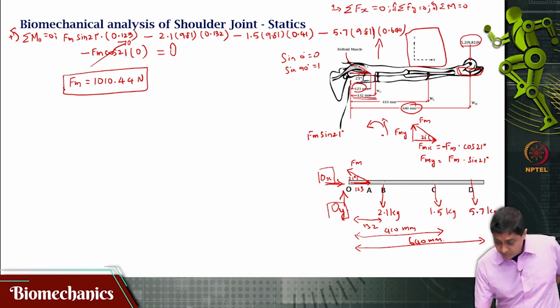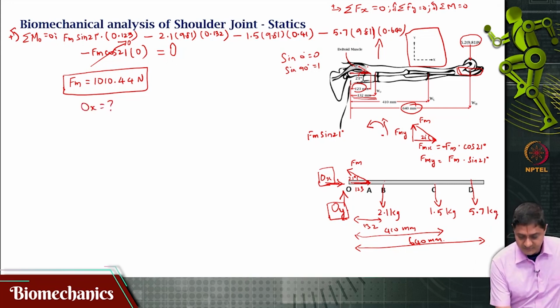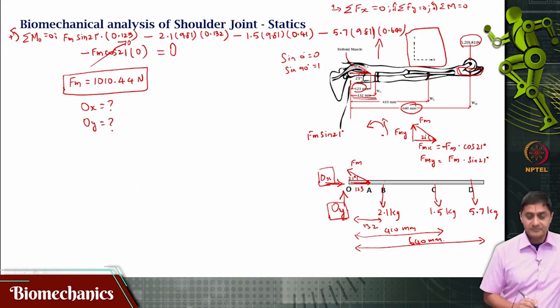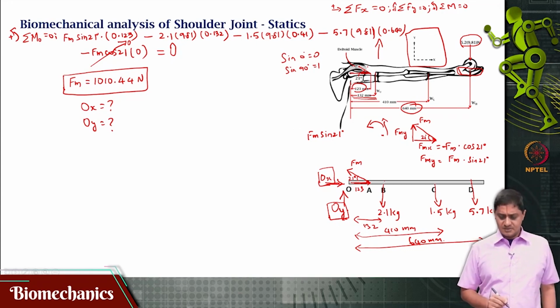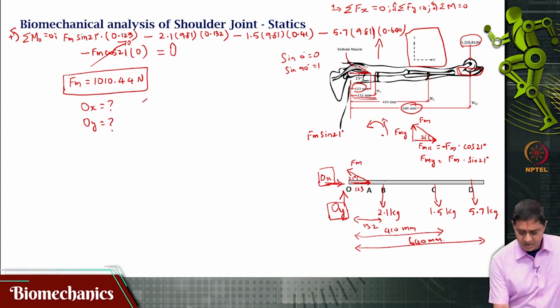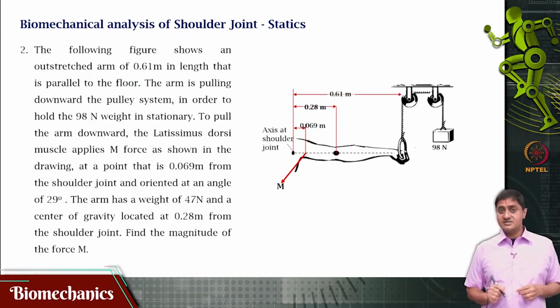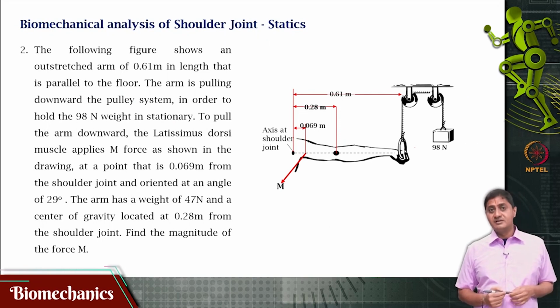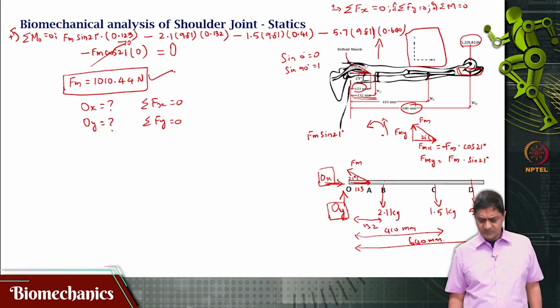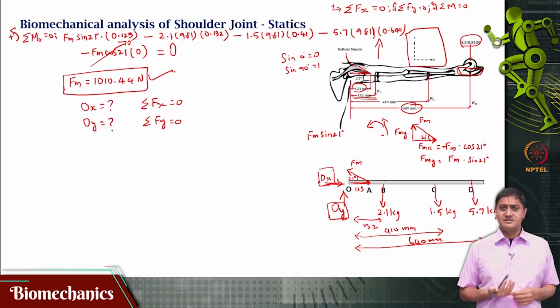Now, what is also not asked in the problem is what are Ox and Oy. This is not asked, but I request you to go back and write out sigma Fx equal to 0 and sigma Fy equal to 0. Now that we know Fm, the x component and the y component of Fm are also known, because I wrote that the y component of Fm is Fm sin 21, and the x component of Fm is Fm cos 21.